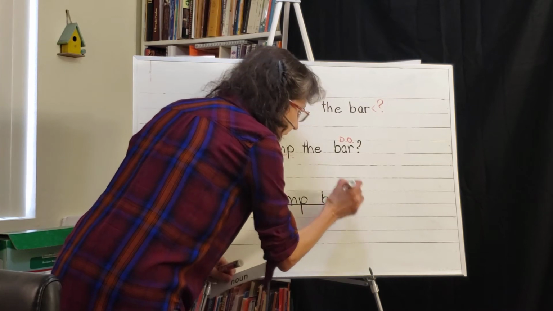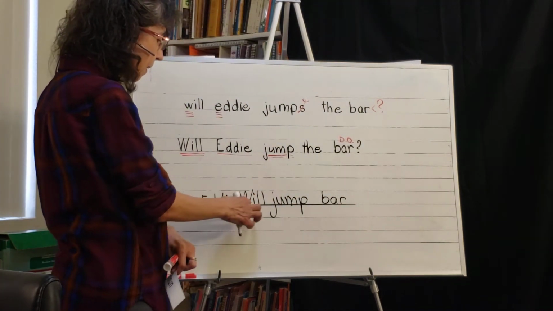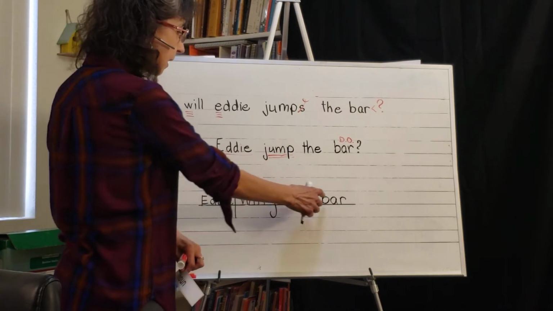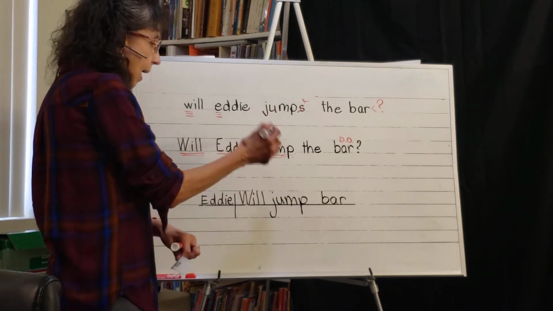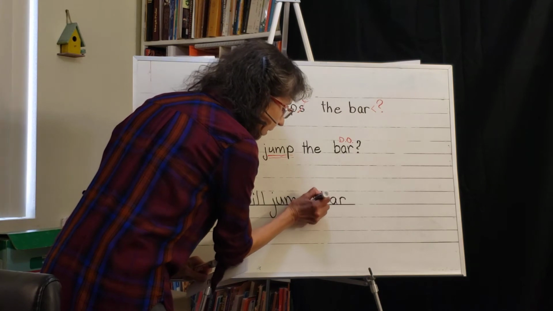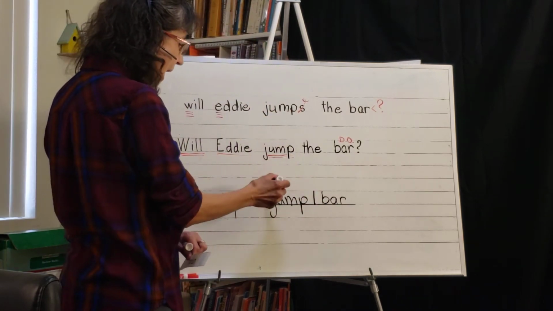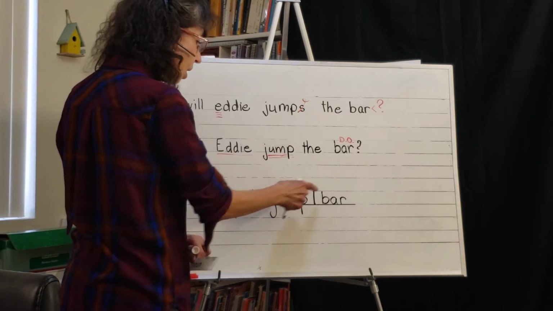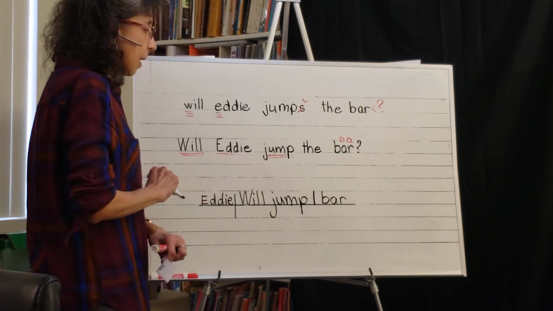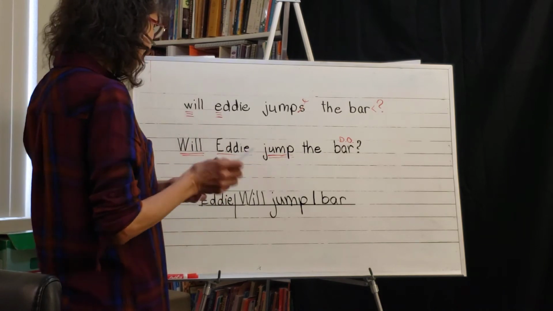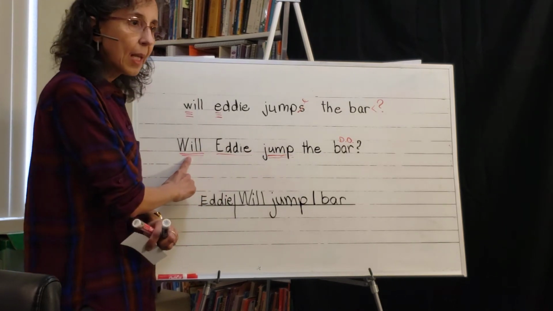Bar. But I need a line to separate my verb from my direct object, because this is not part of the verb. I will put a short line that will not cross the line. Yes. Now that will tell me that it's the bar that will be jumped. Right? Good.